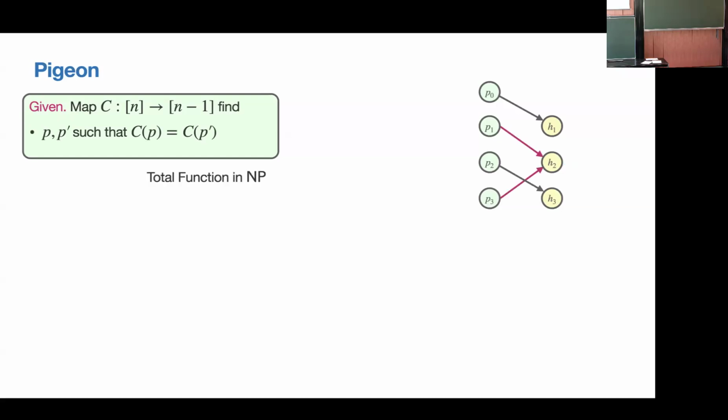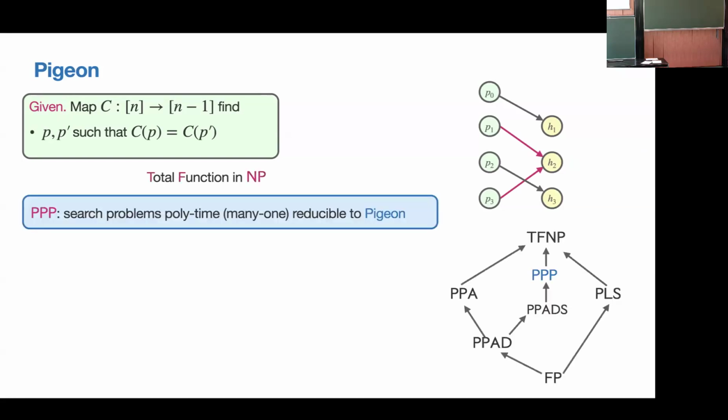So this is a TFNP problem, it's total, and given any pair of solutions, you can check efficiently whether they map to the same hole. It's the complete problem for the class PPP, which is one of the original five TFNP classes and lies fairly high up in the hierarchy.